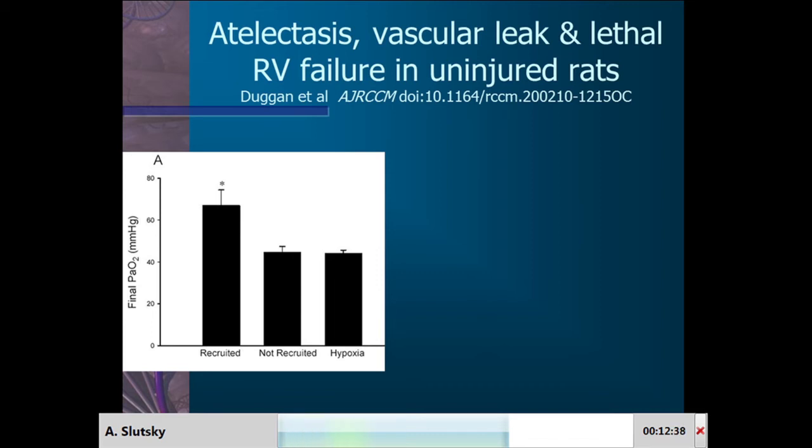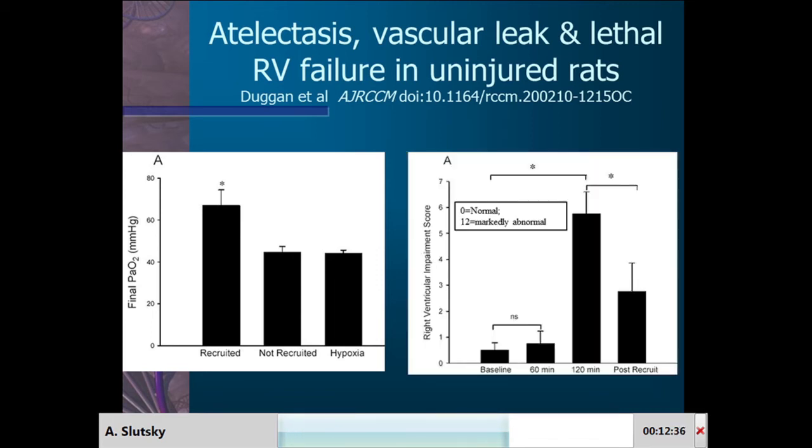That's certainly very expected. Here, however, is interesting, and look in terms of echo, this is a right ventricular impairment score. 0 is normal, 12 is markedly abnormal, and you can see after 120 minutes, there's marked right ventricular impairment in the group that was not recruited. After recruitment maneuver, just opening the lung somewhat, there was a marked decrease in that impairment.